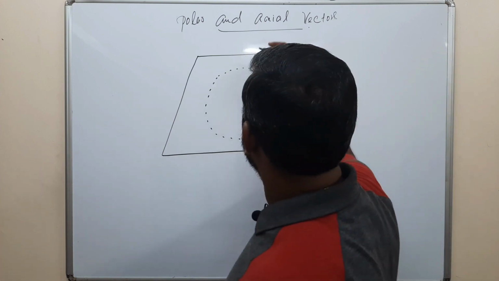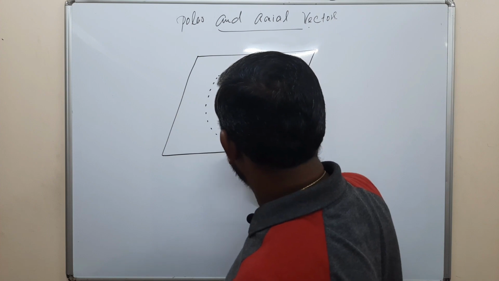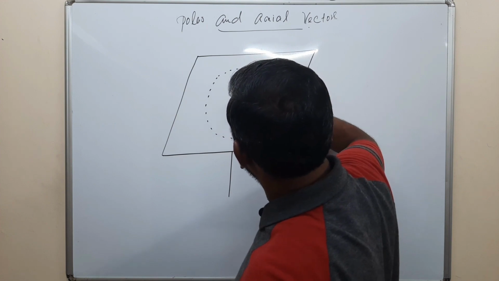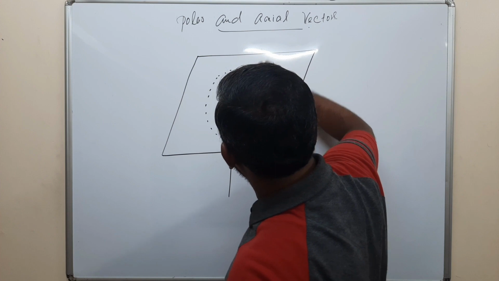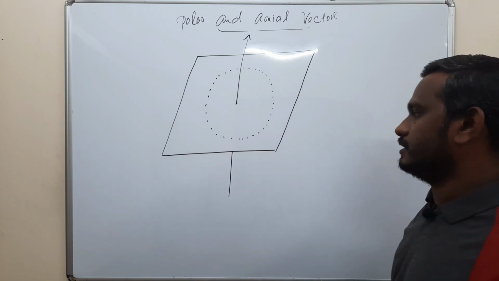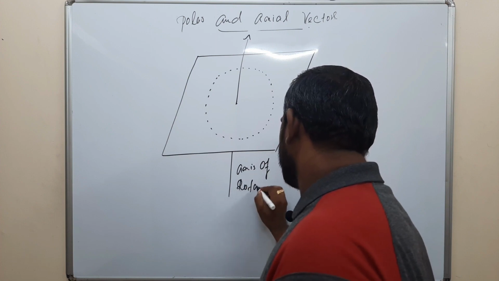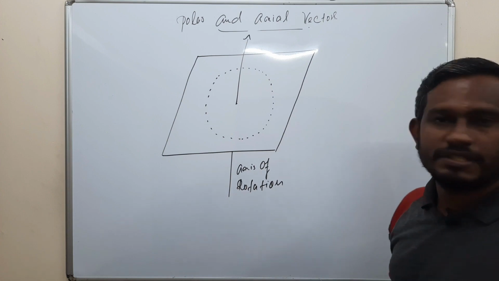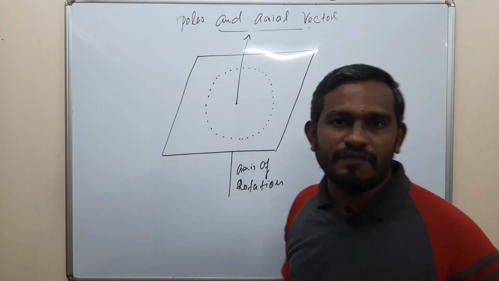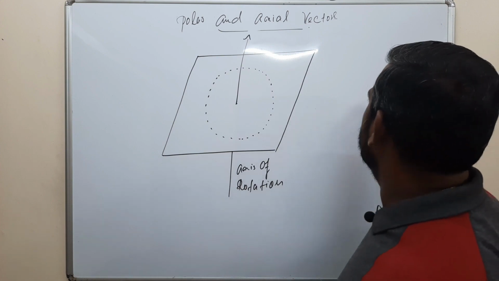So this is the axis of rotation. So in rotational motion, certain vectors will act through the axis of rotation. Those vectors are called axial vectors.